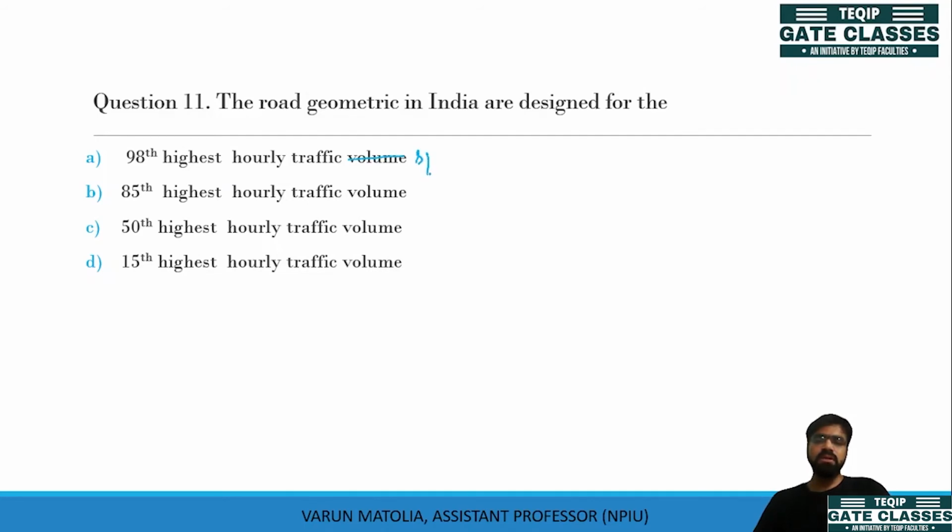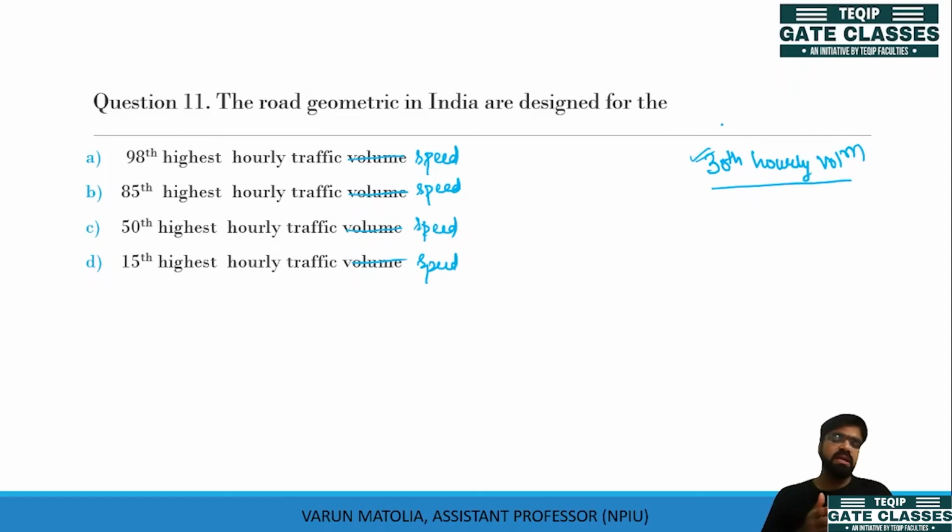Traffic speed, because there is no option which is telling us the 30th hourly volume. If a question comes that the road geometry in India is designed for which volume, if they are asking in terms of volume, the answer will be 30th hourly volume. The volume which is exceeded only 29 times in a year. That is your 30th hourly volume.